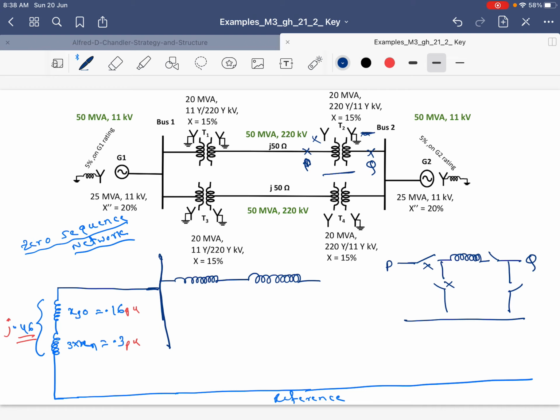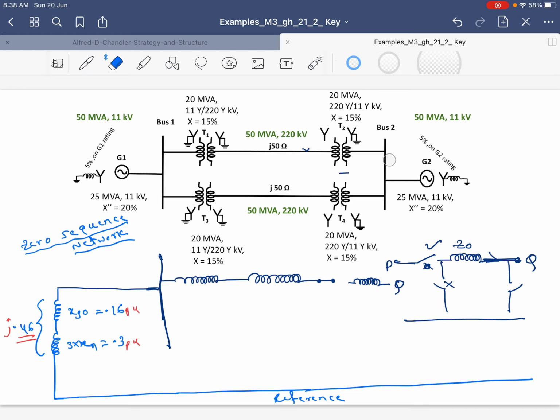The secondary is star connected and grounded, therefore this is closed. So from P there is a break here, then Z0 of the transformer, then there is Q here, and then it is connected to bus number 2.